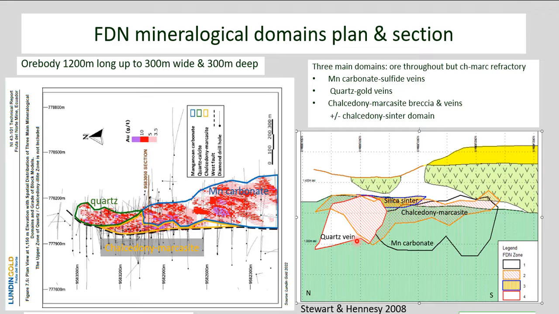In the surface plan, the metallurgical domains are defined. The one on the left at the northern end is quartz. The one on the western side of that is chalcedony marcasite in the yellow, and then to the south is all the manganocarbonate. You see that in the plan and in the section.